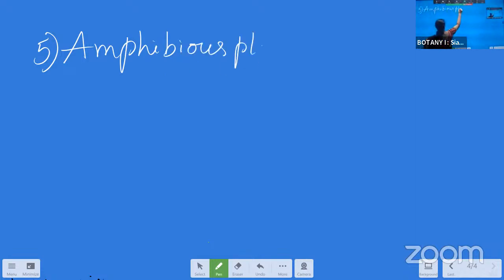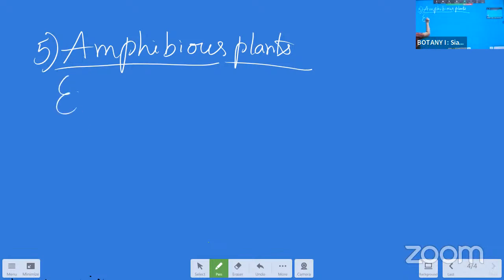Amphibious plants means the plants which can survive in the water as well as outside the water, that is on the soil also. Example, Sagittaria.